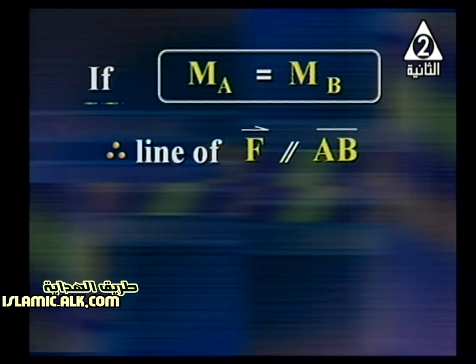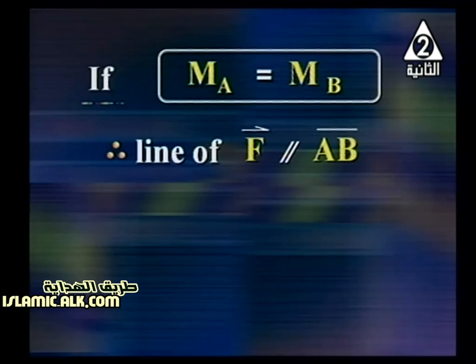Remember, dear student, if we find two moments about two different points, the moment about point A and the moment about point B, and we know that the moment about A equals the moment about B, then we deduce that the line of the force is parallel to the line between A and B.